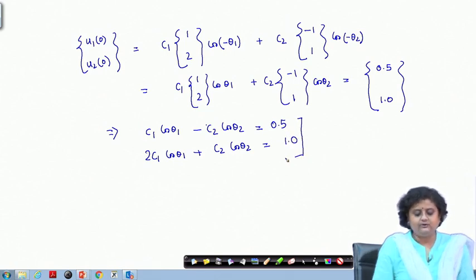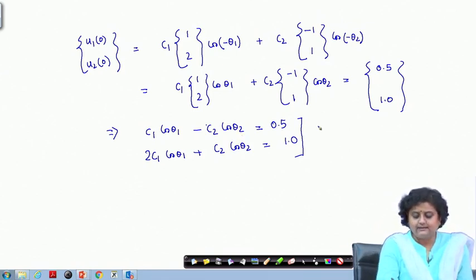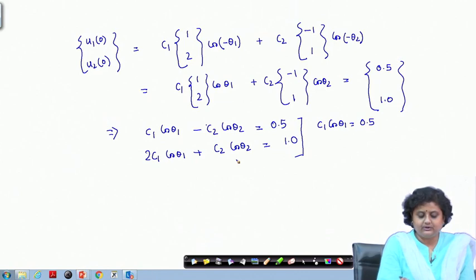If I simply add these two, I am going to get C1 cos theta 1 is equal to 0.5. And then by substituting here, I am going to get C2 cos theta 2 is equal to 0.